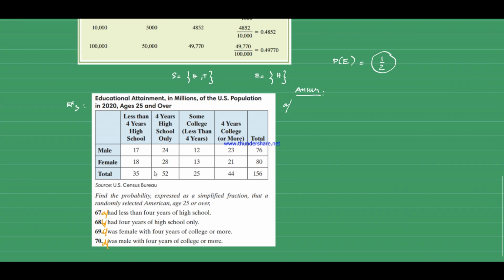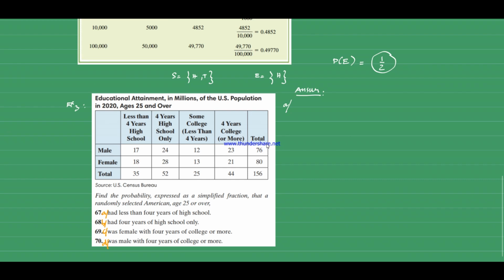This column tells you less than 4-year high school, 4-year high school only, college or more, and total, and this is information about male and female data and the total.